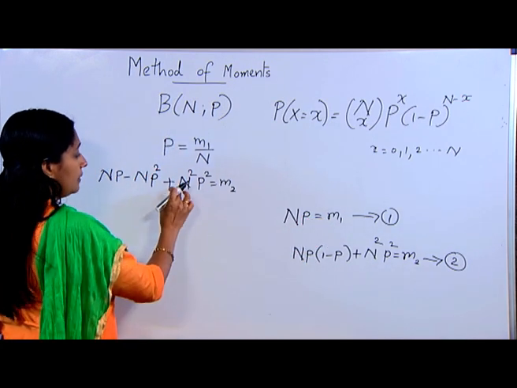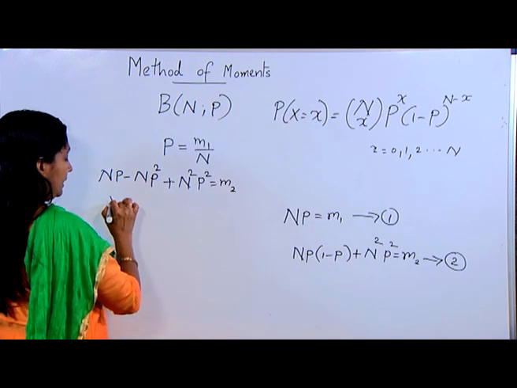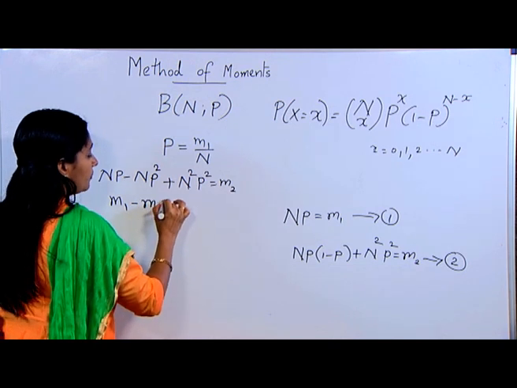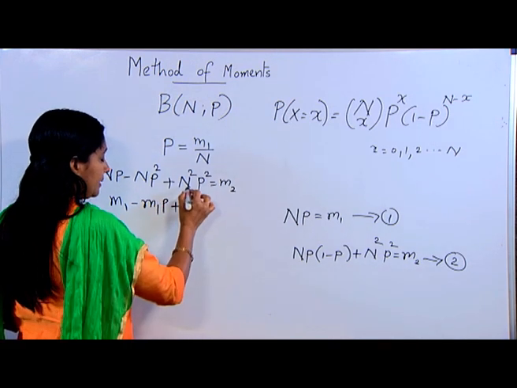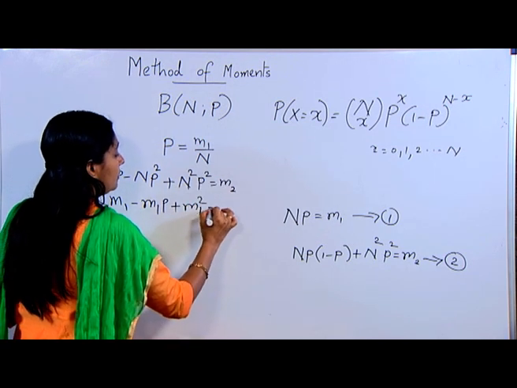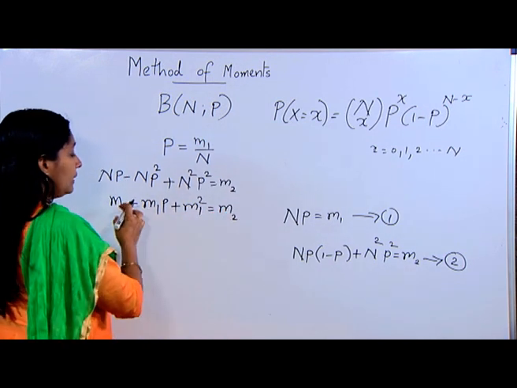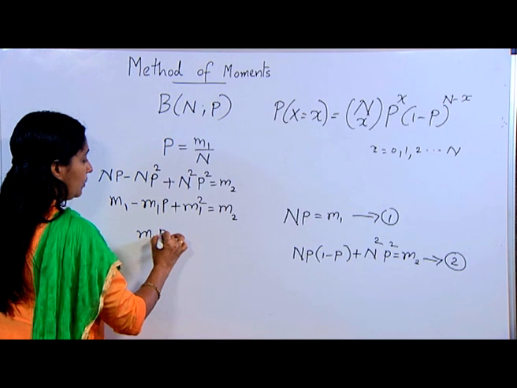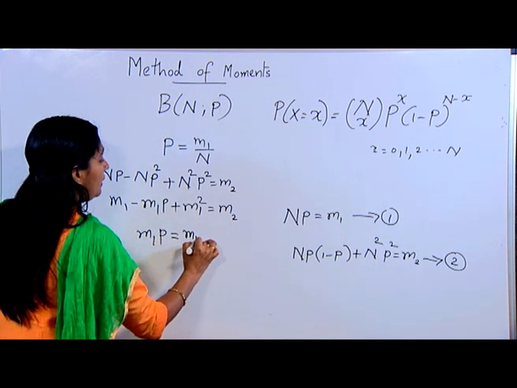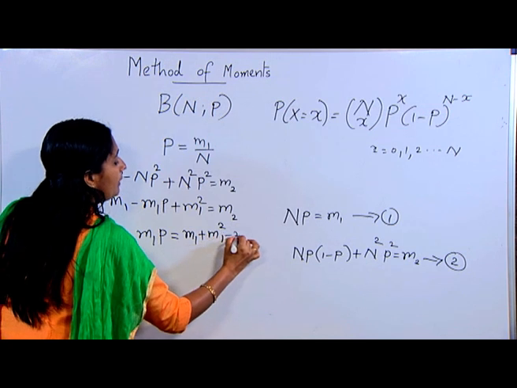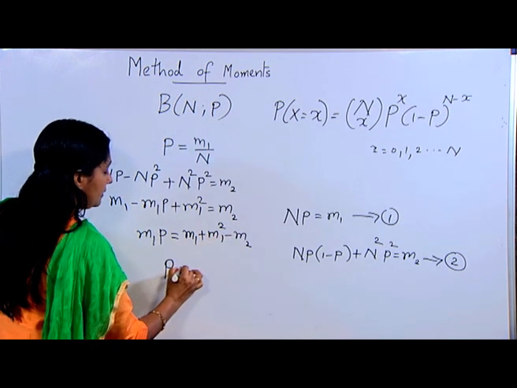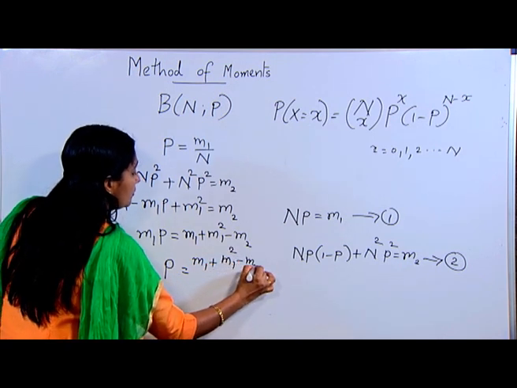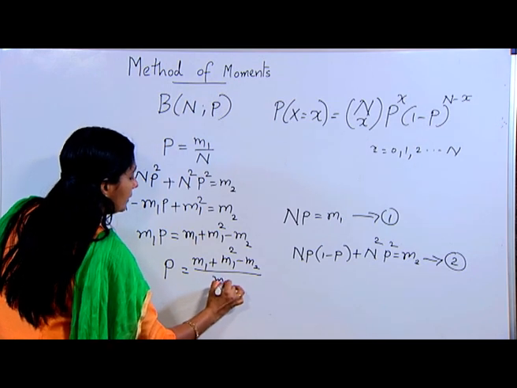So, let us replace Np by m1, hence we get m1 minus m1 into p, plus m1 square, is equal to m2. Now, there is only one parameter p, and hence we get m1 p = m1 + m1 square - m2, and p = (m1 + m1 square - m2) divided by m1.